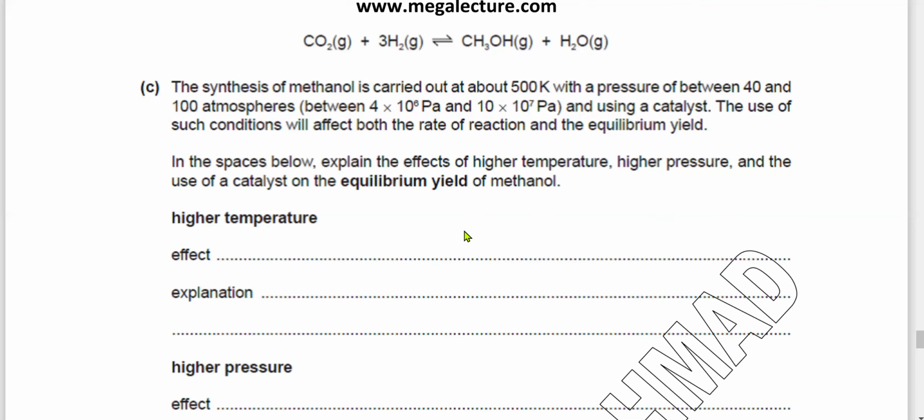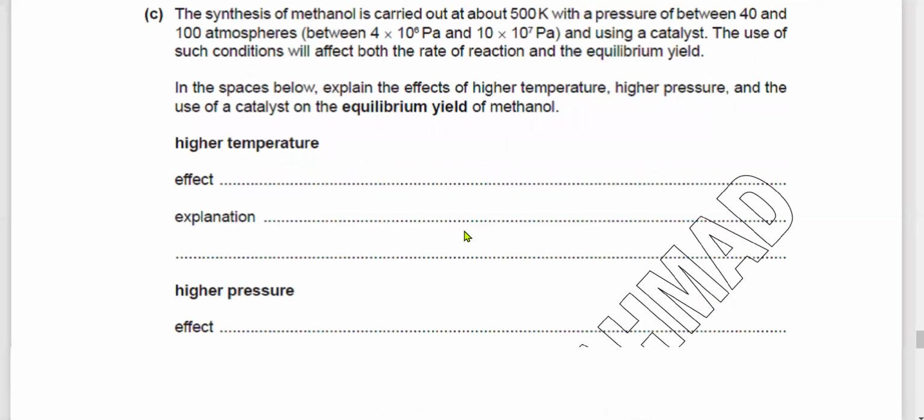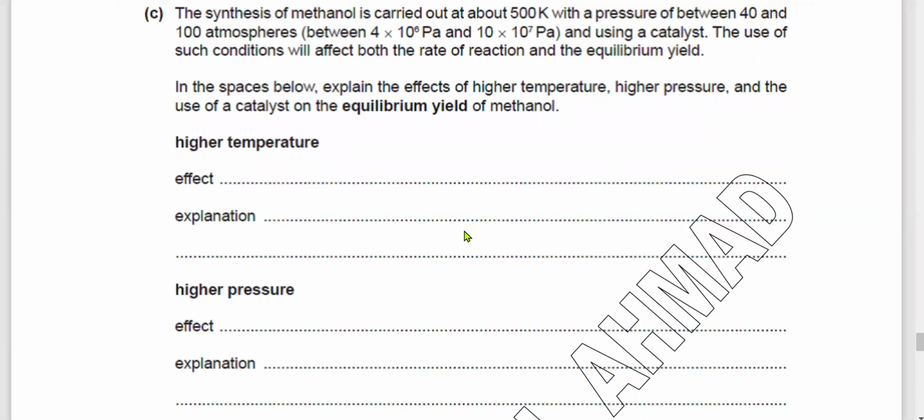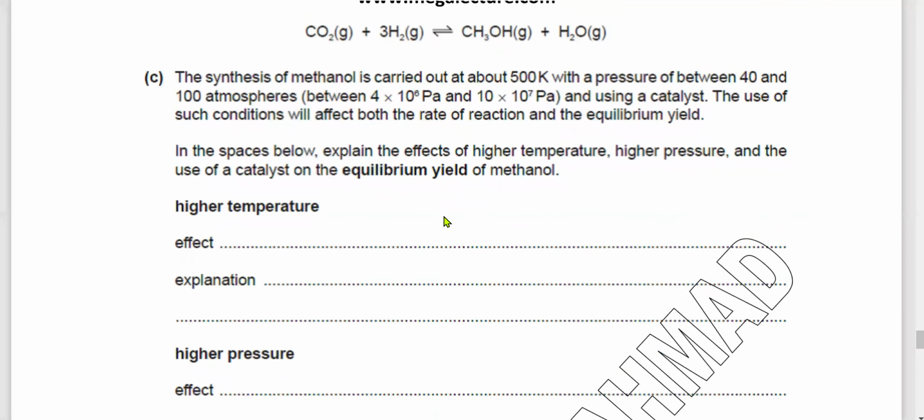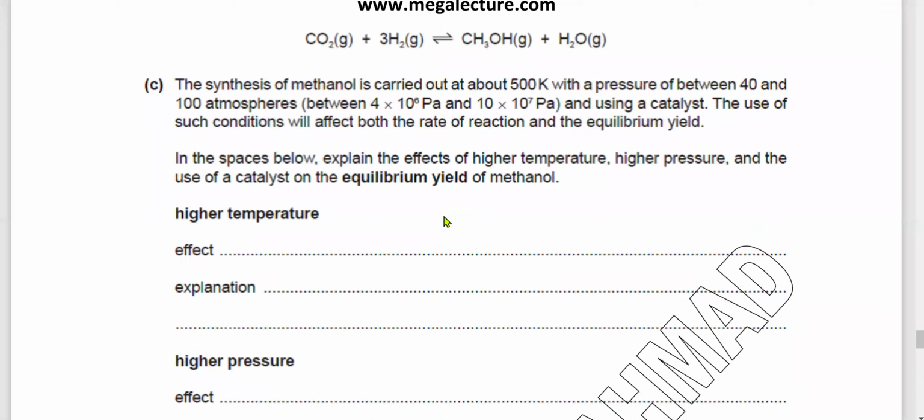And what about higher pressure? With high pressure, the equilibrium yield will increase.